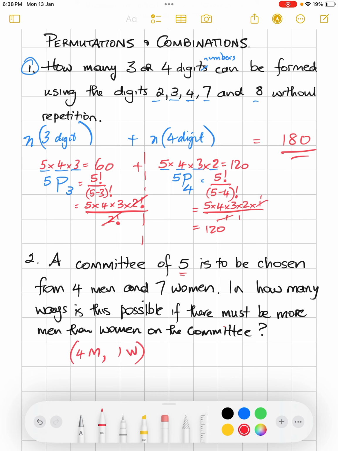That's one possibility. So how many ways can that happen? Or, plus, we could have 3 men and 2 women. That's 5. And could we have 2 men and 3 women? Well, that makes 5, but we need more men than women. So these are the only 2 possibilities.